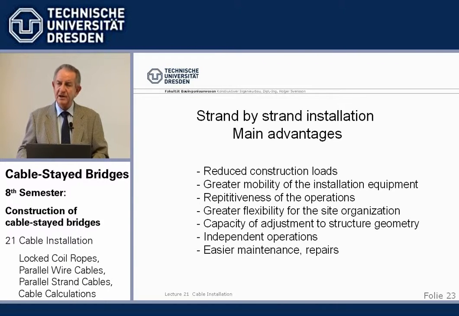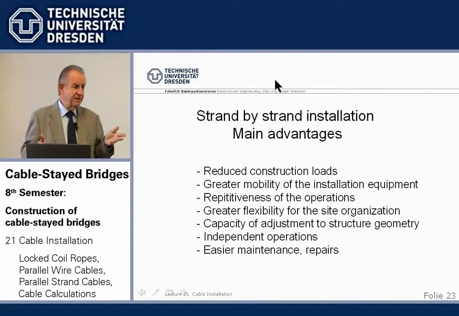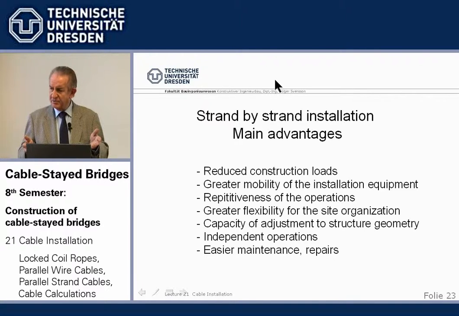So it has evolved on site over the years that the parallel strand cables, with their construction from elements, proved to be the most economic. And even in Germany, where all the early cable stay bridges used locked coil ropes.